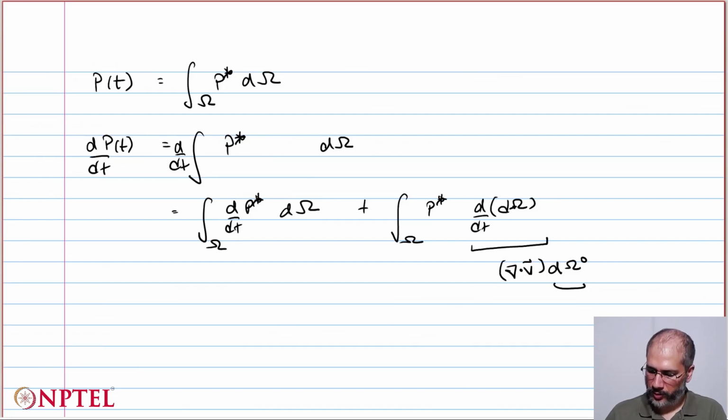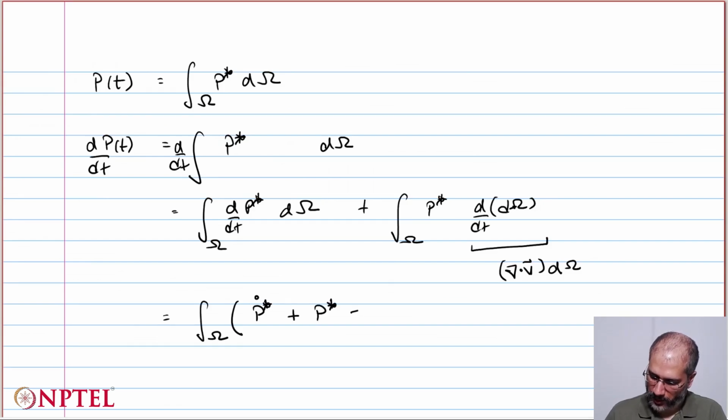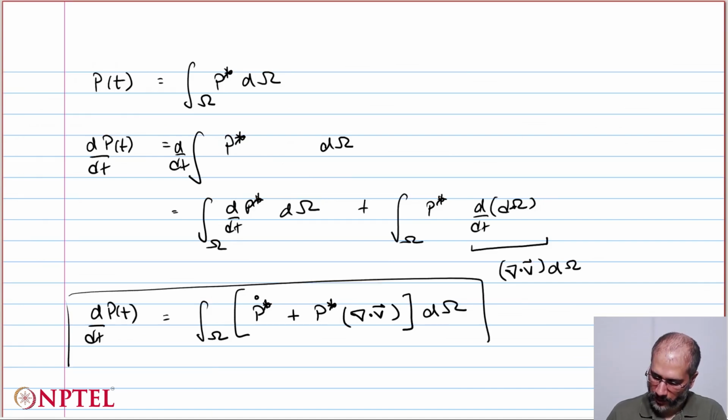So I can remove this J and call this d omega. So this simplifies to the integral over omega of P star dot plus P star times the divergence of the velocity times d omega. And this is exactly what we had gotten.